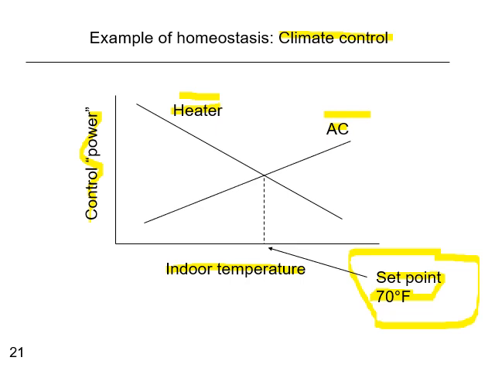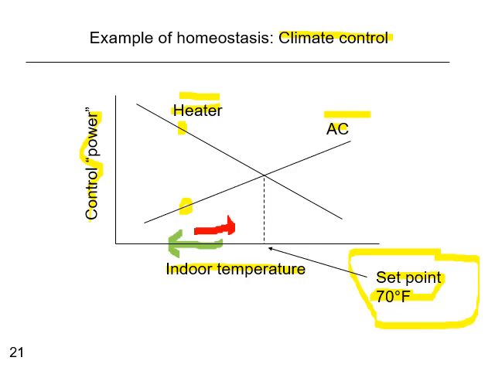If the indoor temperature were to get cold, the power to the heater would be high and the power to the air conditioner would be low. High power to the heater and low power to the air conditioner would cause the indoor temperature to rise, and so we would rise back towards the set point.